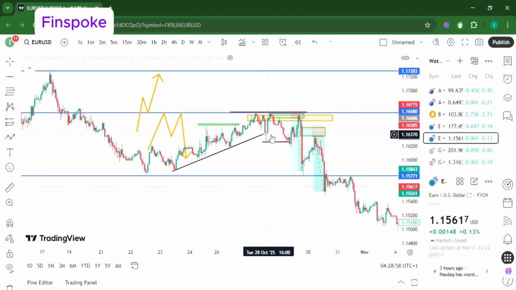So it came back and gave us another rejection candle, trying to retest this place as a support zone and also make it a neckline, if you understand what chart pattern is. This is a double top chart pattern that is being formed here.